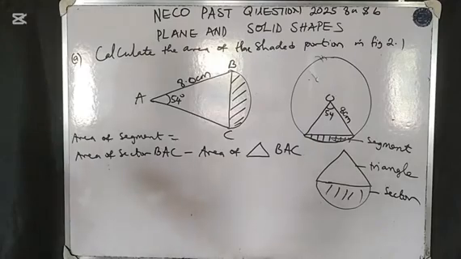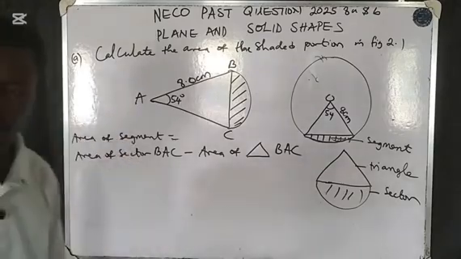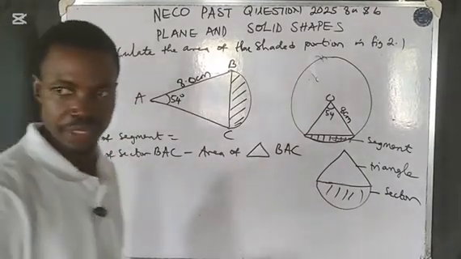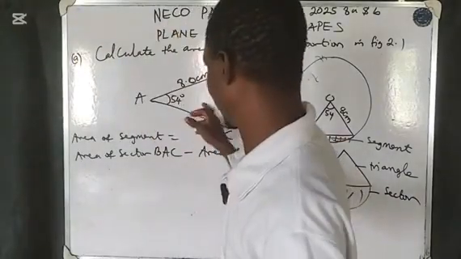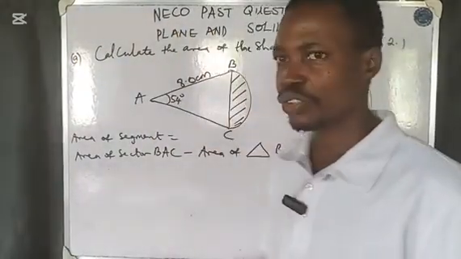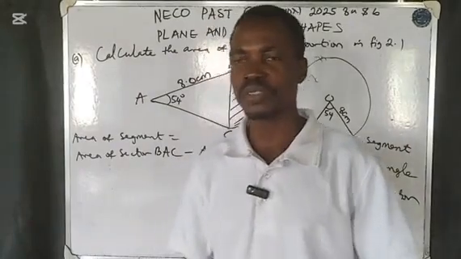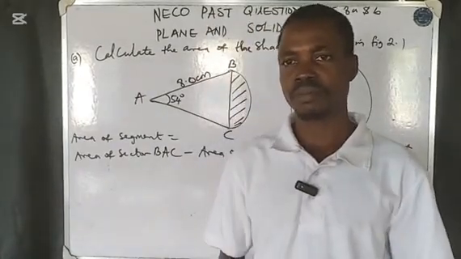Any problem? A sector is a portion of the circle, a small part of the circle. So if you know the area of a circle, you can know the area of a sector.